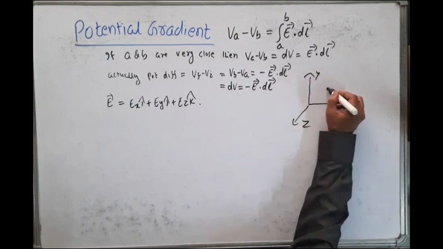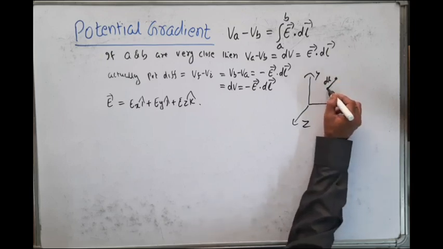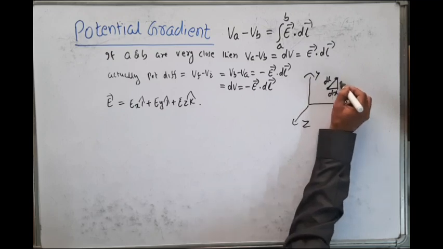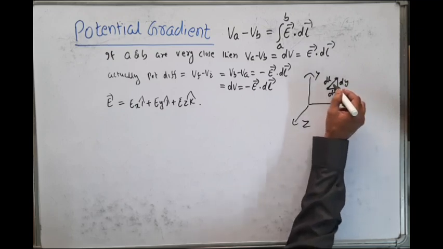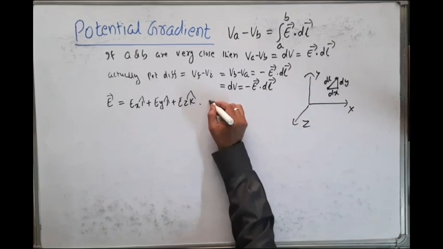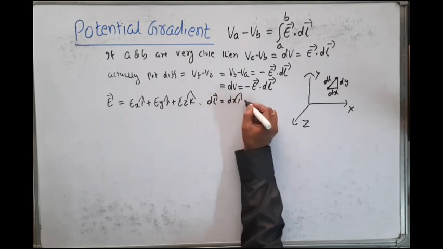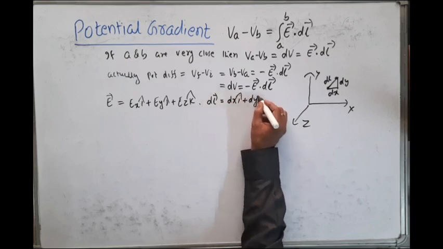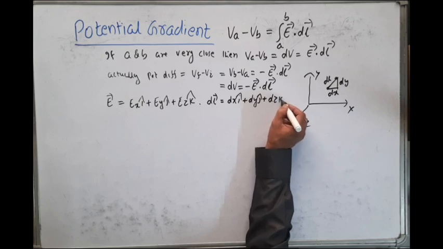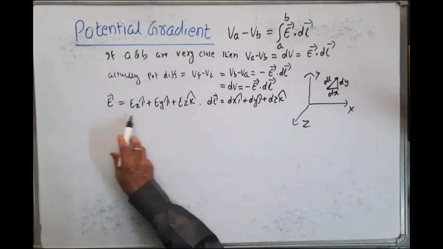I am taking a small element dl. This dl has which components? X component dx, Y component dy, and in space it also has a dz component. So the dl vector can be represented by its components dx i, dy j, dz k. This is your dl vector, and this is your electric field vector.